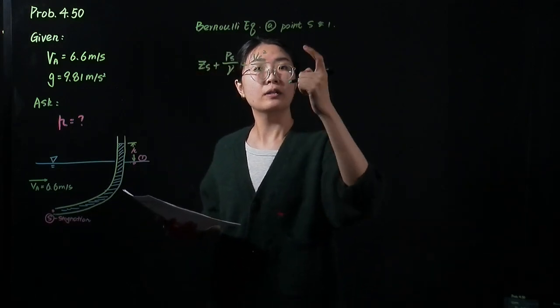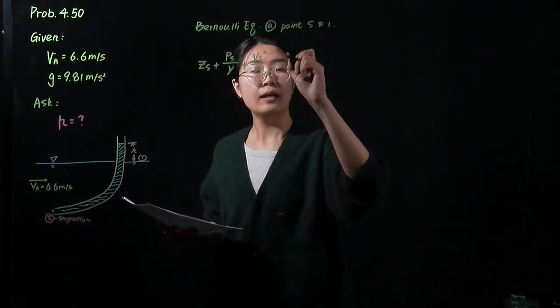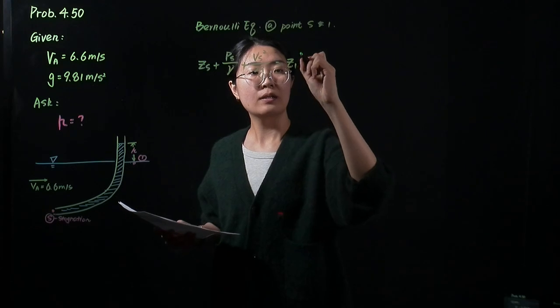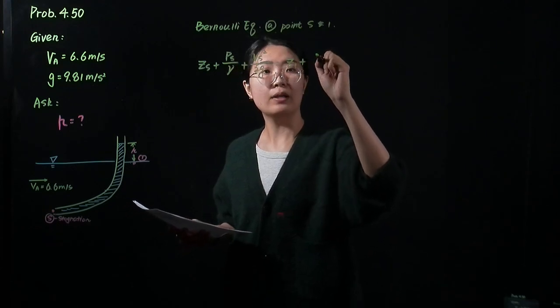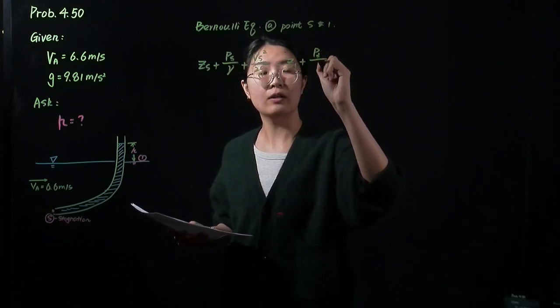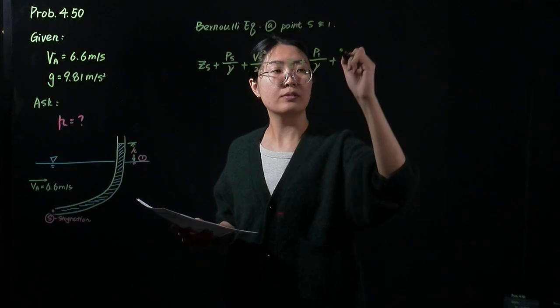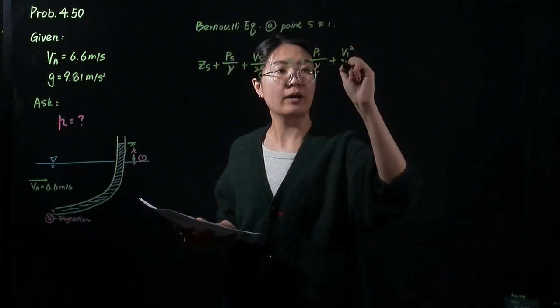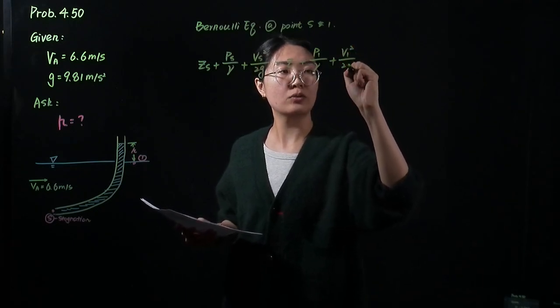Similarly, for point A, it equals depth z1 plus p1 over gamma plus v1 squared over 2g.